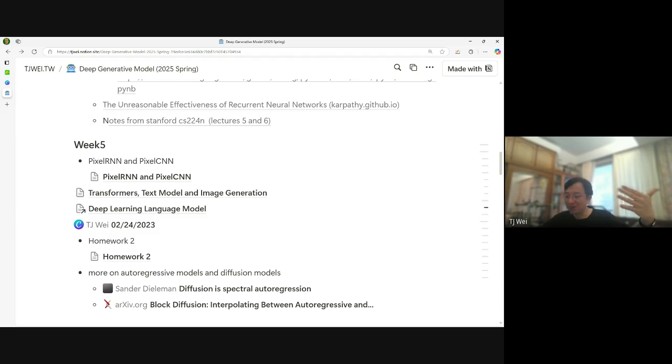If the GRU model, LSTM model, or the simple statistic model that we do are perfectly fine, then the transformer model wouldn't be necessary to be invented. So there must be some reason people wanted to invent the transformer model.